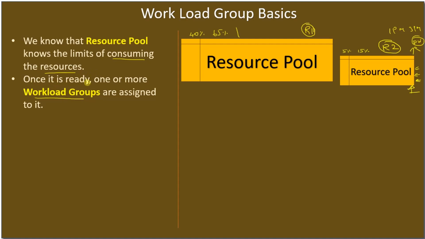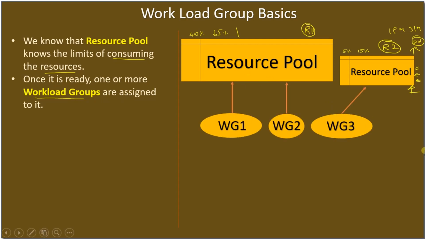Say for example, here we have 3 workload groups, WG1, WG2, WG3. Workload group 1 and workload group 2 are using the first resource pool, and workload group 3 is using the second resource pool.